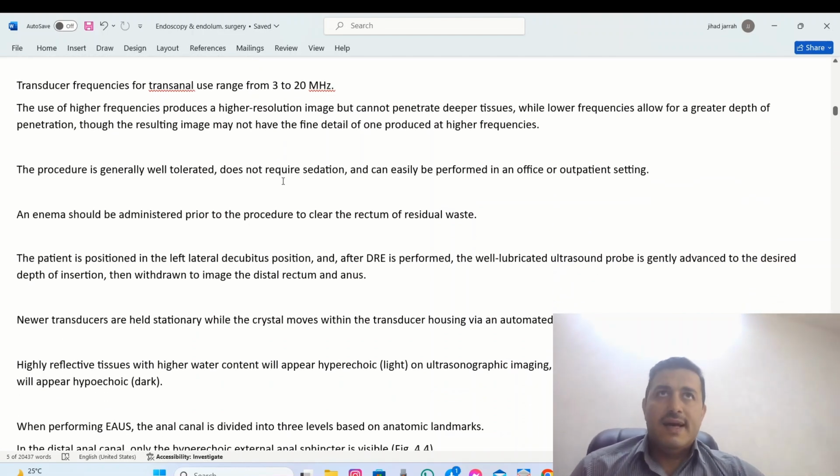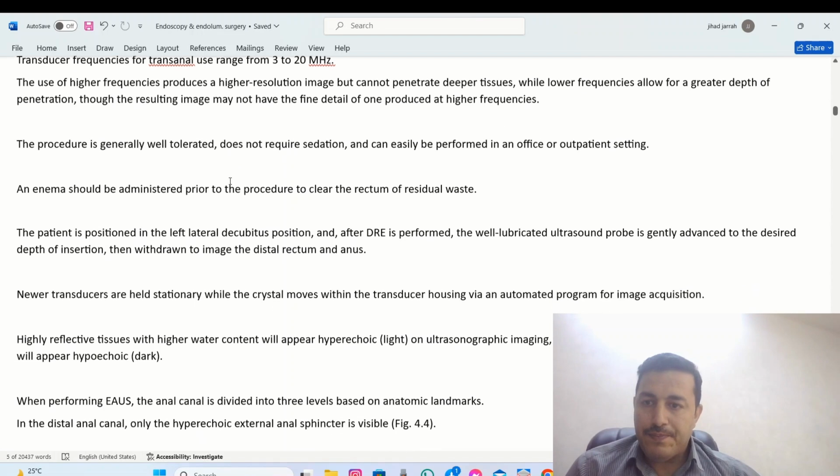Endoanal and endorectal ultrasound are inexpensive, simple procedures, well tolerated, and can be done in the office as outpatient. But of course, if we are reaching the rectum, we need some kind of bowel preparation in the form of enema.